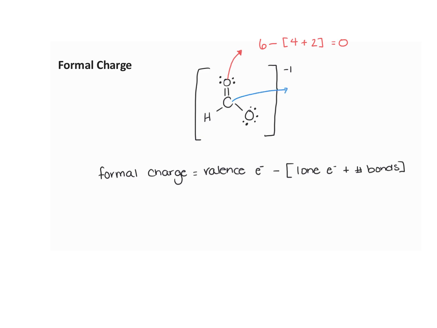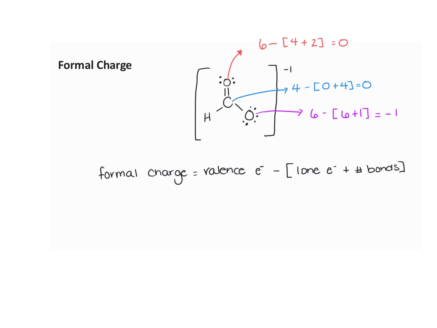Then we're going to come here, and we see carbon. Carbon has 4 valence electrons. We need to subtract, there are no lone electrons, plus 4 bonds, and that gives us 0. Then we're going to come here and look at that oxygen, and we're going to see there are 6 valence electrons minus 6 lone electrons plus 1 bond. And so that's 6 minus 7.